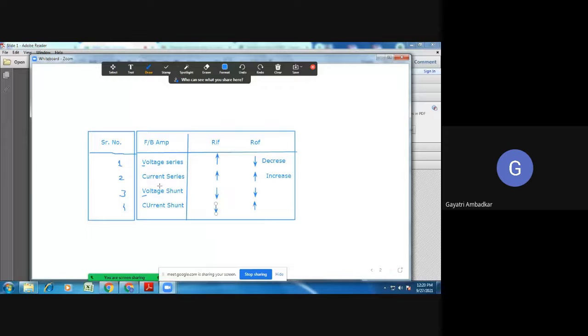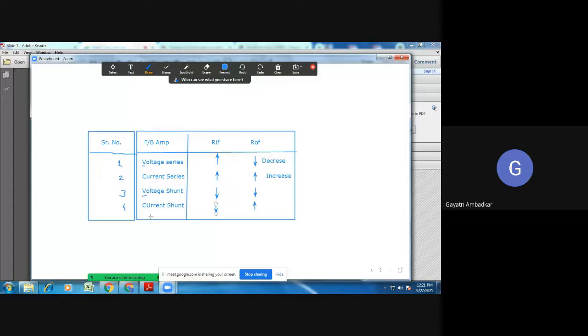You must understand the concept. Similarly, you can remember it by writing the name of the feedback amplifier. Look at the first letter. The first letter belongs to the type of sampling. So think about the output terminals and feedback network, how they are connected at the output. For voltage, they are connected in shunt, which implies a decrease in the resistance.